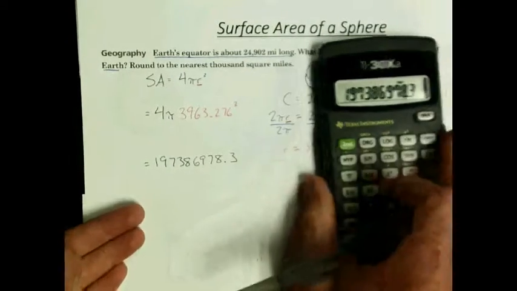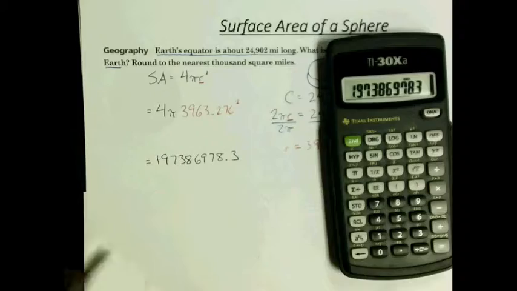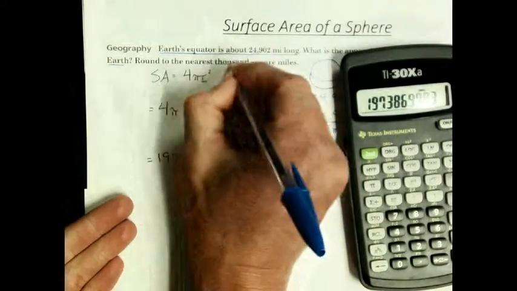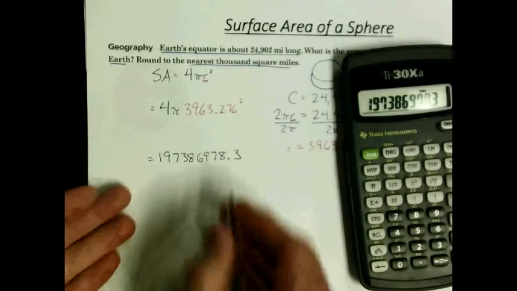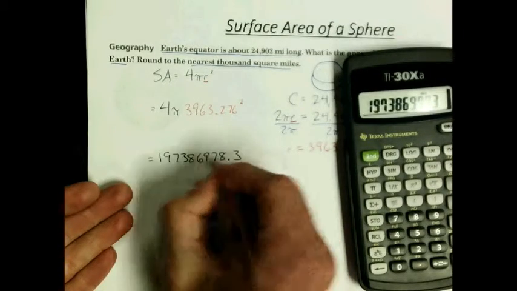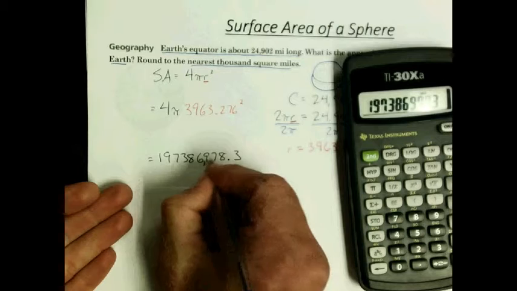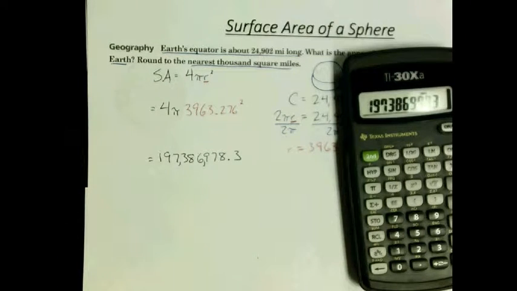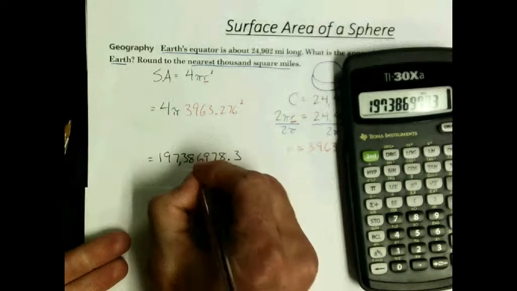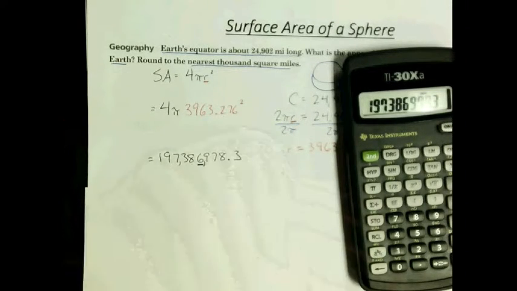So this is the big result, right? But we have to read the directions: round it to the nearest 1,000 square miles. So we have to remember how our place value works. Here's our decimal point. There's our 3 digits to get to our thousands, and then 3 more digits to get to our 100,000s. So the nearest 1,000 is this digit right here, okay?